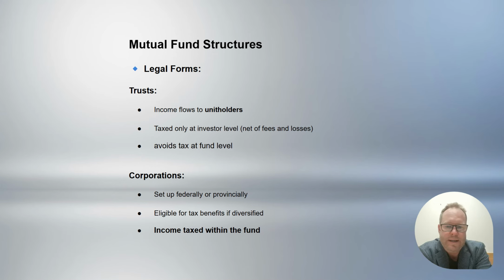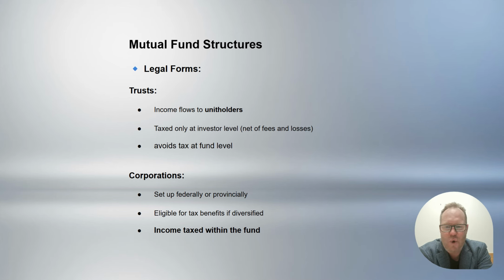So, structures. There are two different ways a mutual fund can be structured. It can be structured either as a trust or as a corporation. The majority of mutual funds that exist, especially in today's market, are mutual fund trust structures. In trusts, the income flows to unit holders.